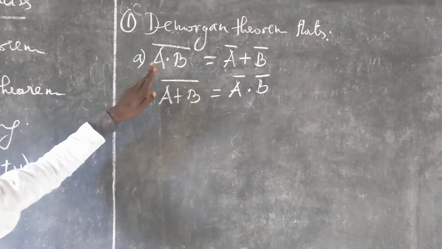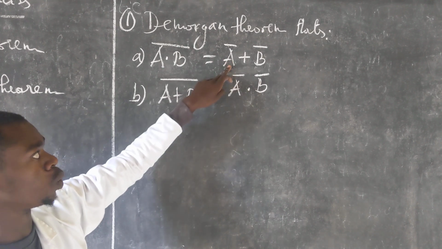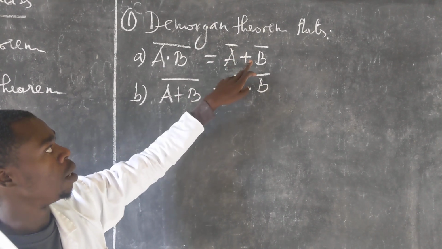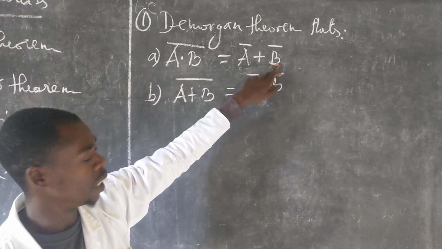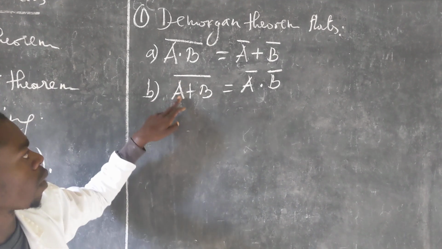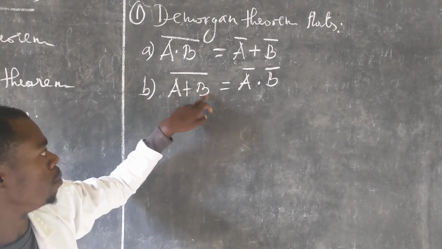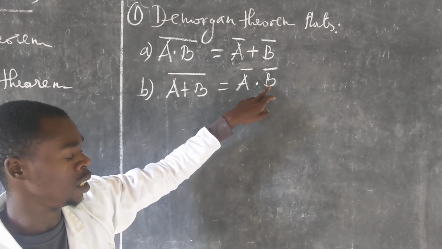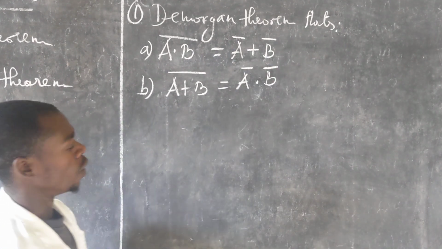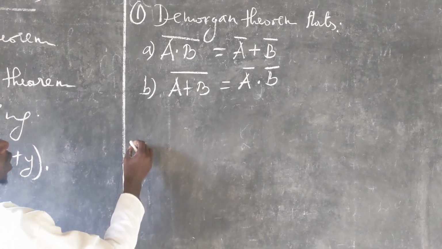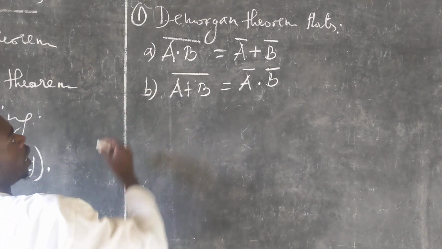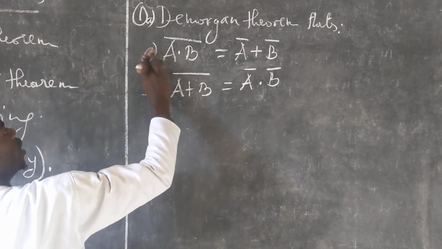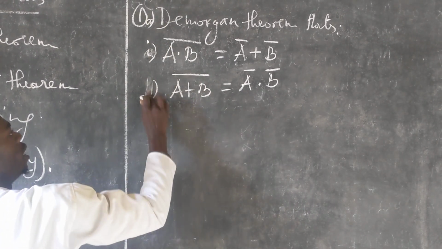The laws state that A and B negation is equivalent to A negation plus B negation. So now here, A or B, or A plus B negation, is equivalent to A negation cross B negation. So now let us prove the question. So this is about A. Okay.